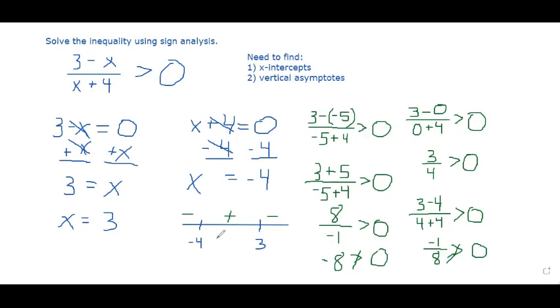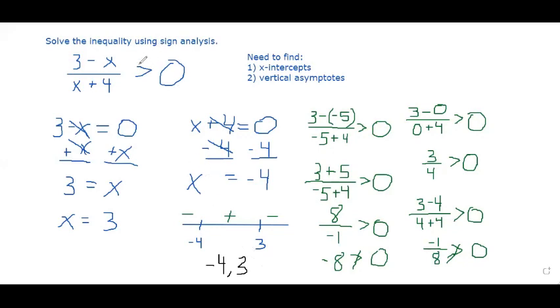So now let's go ahead and determine the solution set. Basically, if we want to, we can write our solution in interval notation. To write it in interval notation, we would just say that anything from -4 to 3 would work for this inequality. So we will put -4, comma 3, and then we have to see if we're going to use brackets or parentheses, as well as where we would place them.